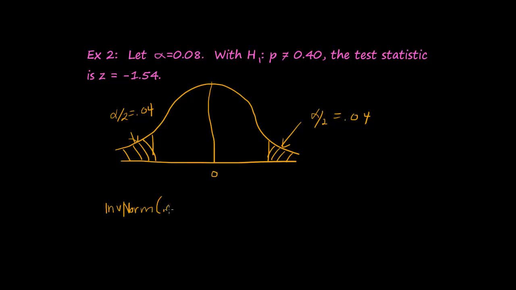Inverse norm 0.04, and we get negative 1.75 rounded to 2 decimal places. So this one is positive 1.75. Okay, we're told that our test statistic is negative 1.54. Well, that would be somewhere out here, right?